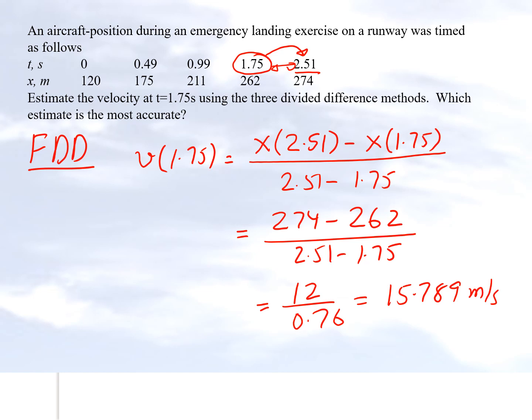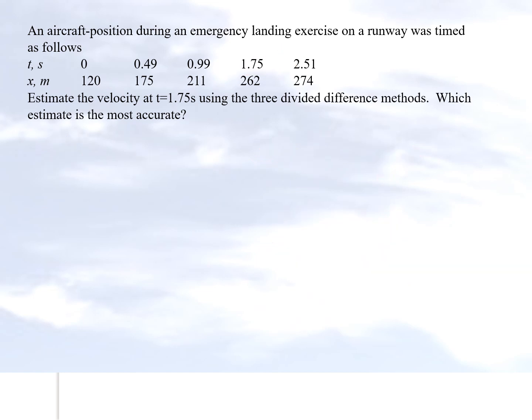Let's see what happens when we use the backward divided difference method. We have the same data, and the problem statement is the same. We are trying to find the velocity at 1.75 seconds. Is there a point available before it?